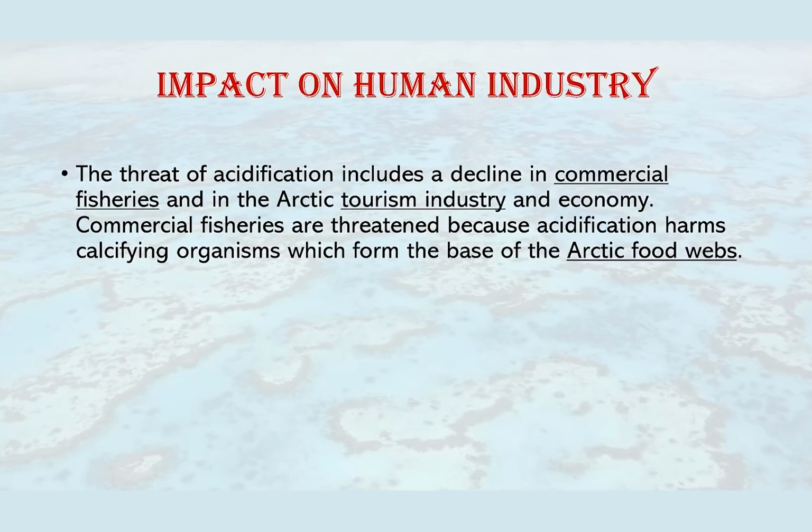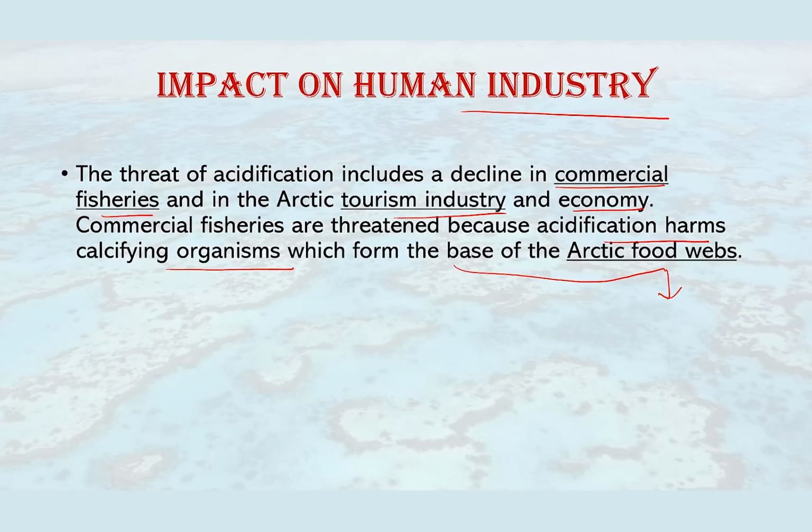So now the non-biological impact on human industry can be seen. The threat of acidification includes a decline in commercial fisheries, and the Arctic tourism industry and economy will also be affected. Commercial fisheries are threatened because acidification harms calcifying organisms which form the base of Arctic food webs.